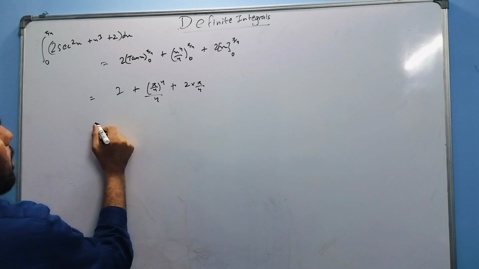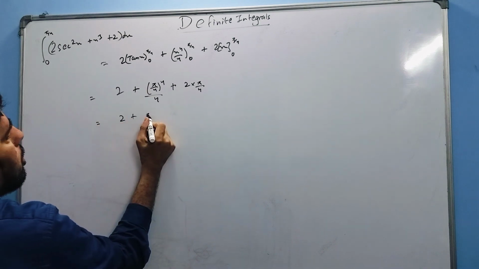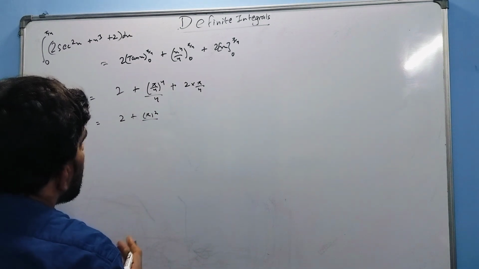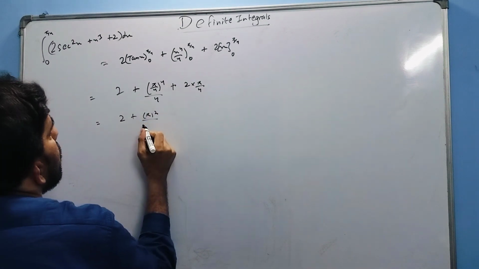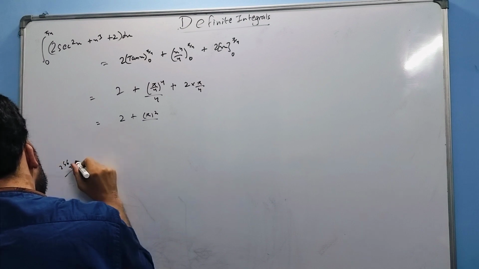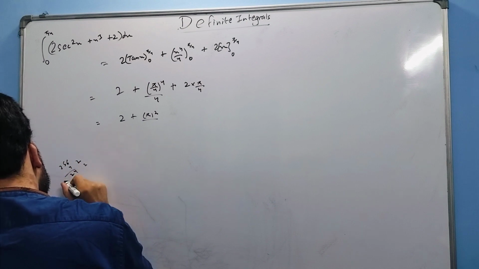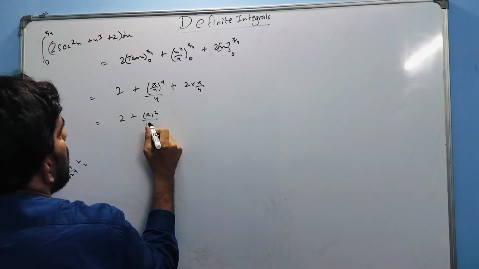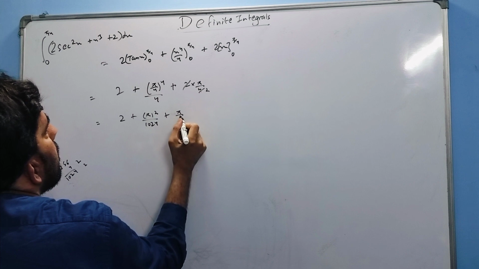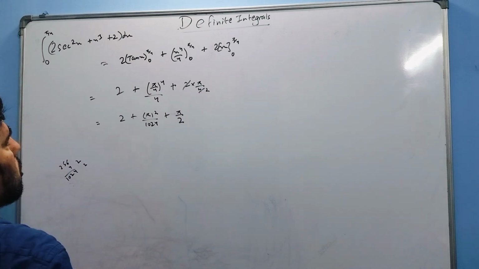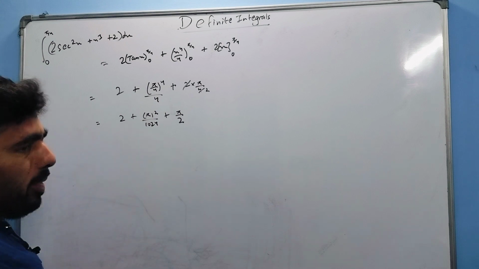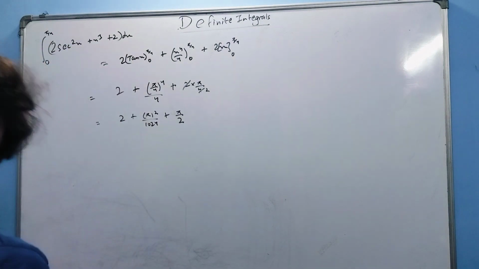Now what I got here, 2 plus pi whole square, for multiply this 256 into 4, I got 1024 plus pi by 12. Okay, so that is how we are able to evaluate the definite integral.